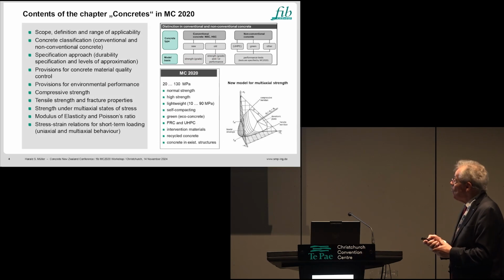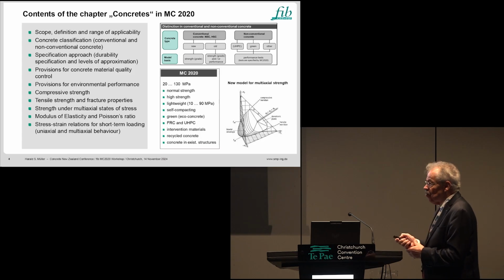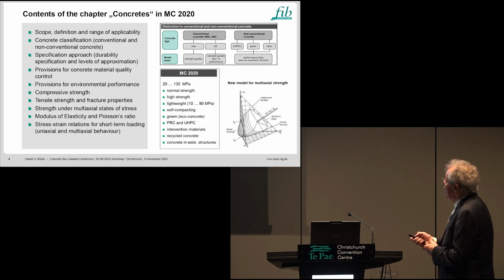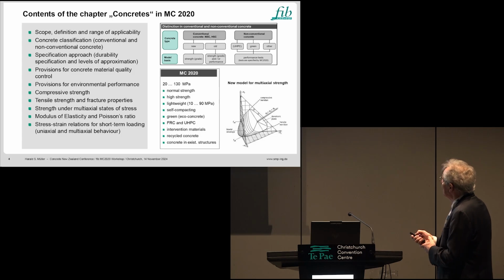Just a short overview, the list of subchapters is given here. It's nearly the same as we had for Model Code 2010, but in each subchapter we have a lot of new approaches. For example, we have new approaches also for multiaxial strengths, new ideas which came in, and also a more rigorous distinction between conventional and non-conventional concrete.